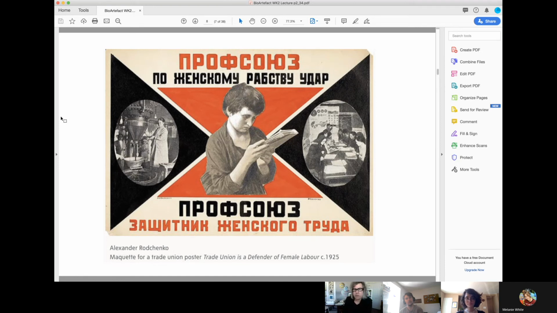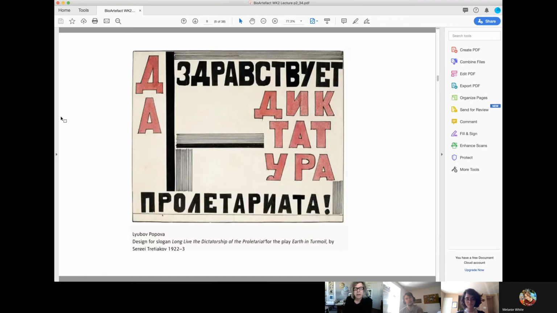Anyhow, another good historical example. Here we have a slogan for a play. They did poster work. Their slogan work was also used in plays. And here we see a wonderful example of development work through sketching. I encourage all of you to work in your sketchbook, if you can, before you start to commit to working in Illustrator.